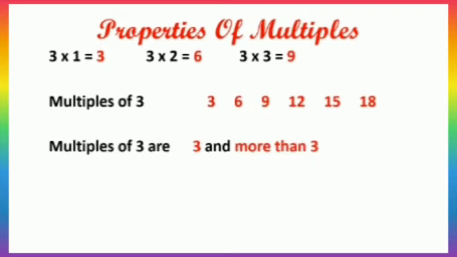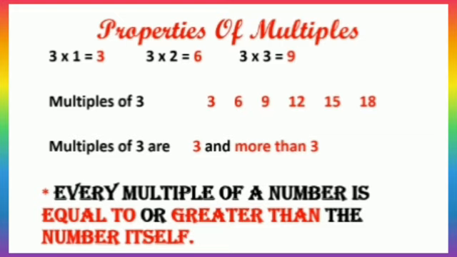Multiples of 3 are, in other words, 3 and more than 3. That means in no case can multiples of a given number be less than the given number, right? So with this we have our next property, which says that every multiple of a number is equal to or greater than the number itself.